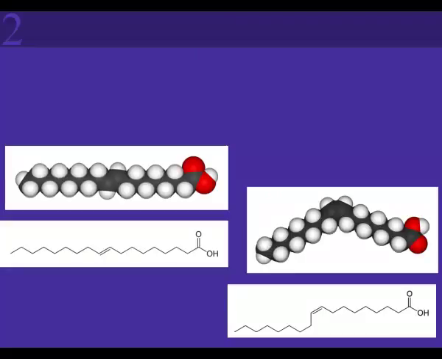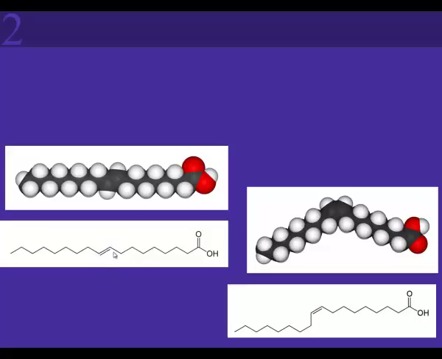And they're not just important because they determine whether something is a solid or a liquid at room temperature, but they're also very important in terms of your body's ability to metabolize them. I suspect that many of you have heard of trans fats. On the left-hand side of your screen over here is a fatty acid which is called elaidic acid. This is a great example of a trans fat, and it's called trans because of where this double bond is occurring here.